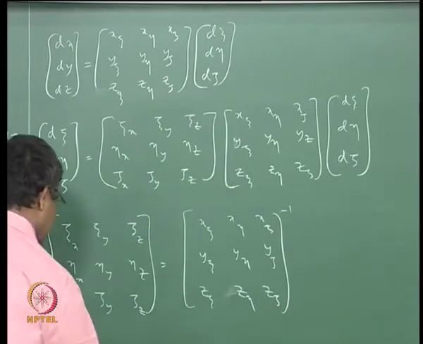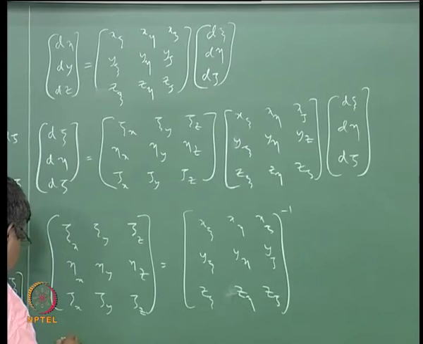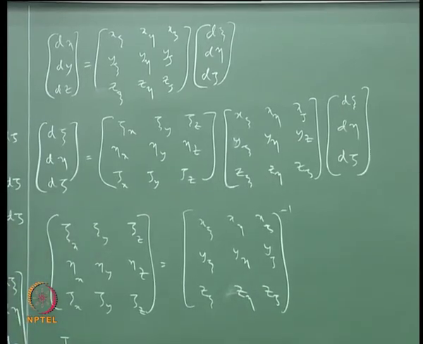And this can be written as 1 by J, where J means the Jacobian.